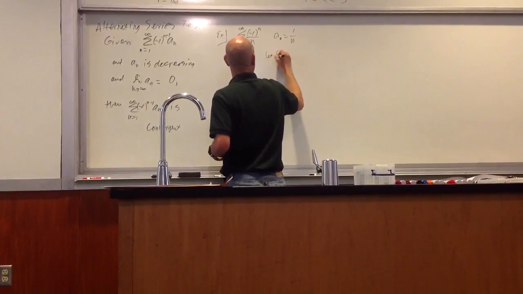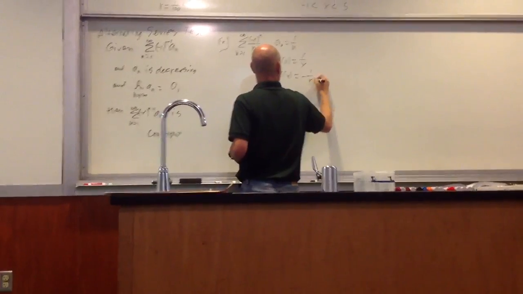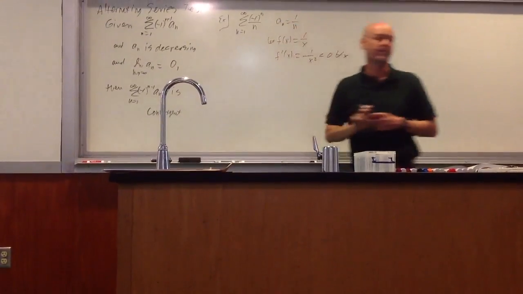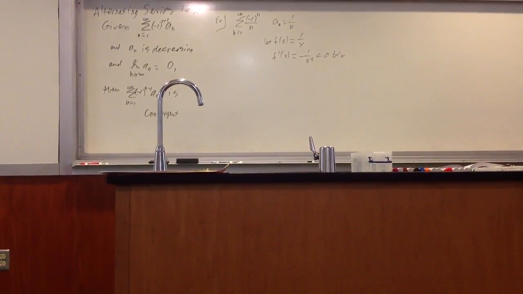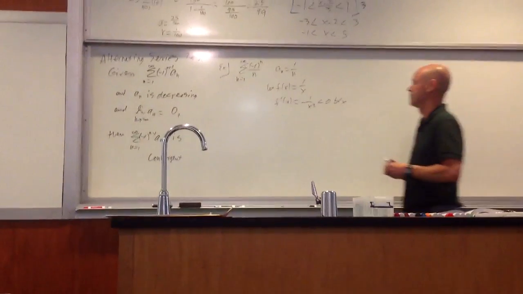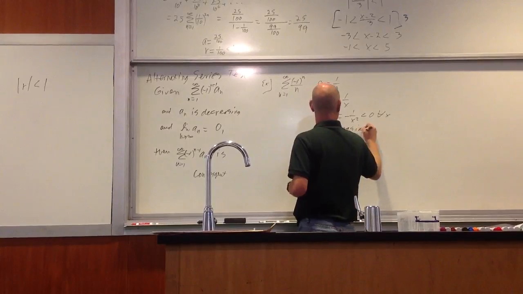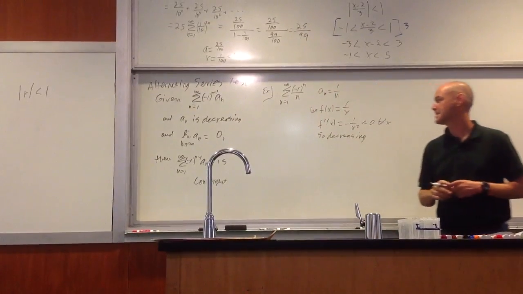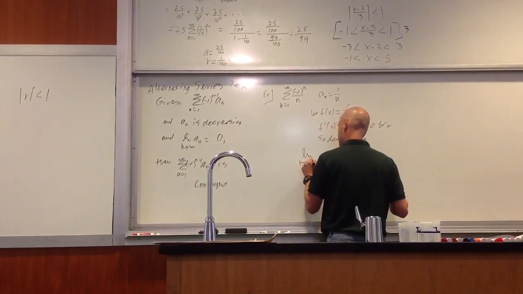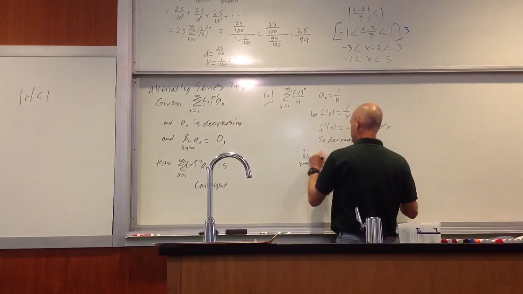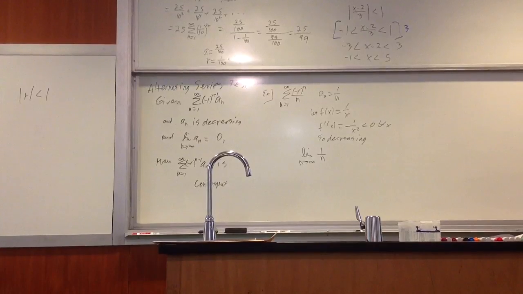Meaning, slope of the tangent line is always negative. This one's kind of obvious. Last criteria is the limit has to go to 0.